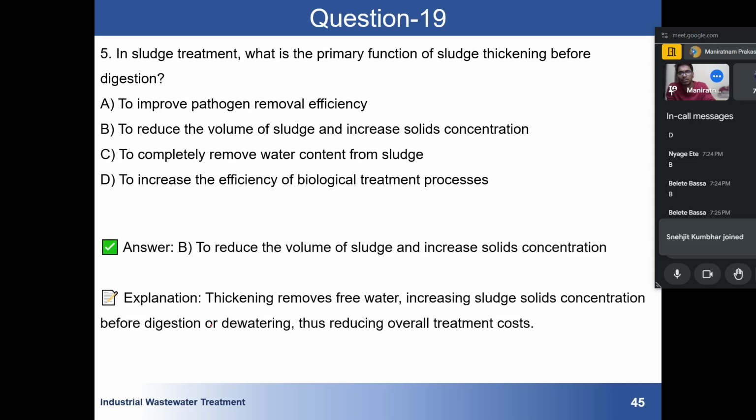Yes, the correct answer is B. Thickening is removal of water, and if we are removing water, we are reducing the volume of the sludge. Thickening removes free water, increasing sludge solid concentration before digestion or dewatering, thus reducing overall treatment cost.